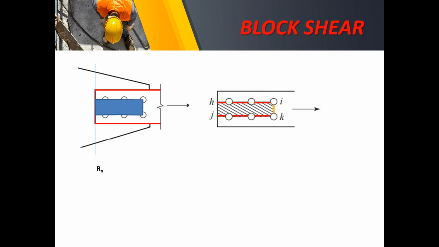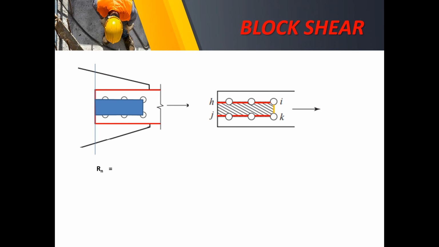We can now determine the equation. Rn here is the nominal strength. Normally, we can also express this in terms of T or tensile capacity.